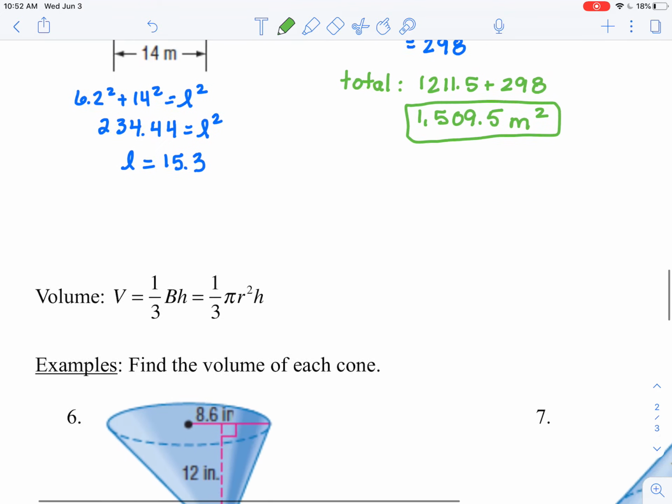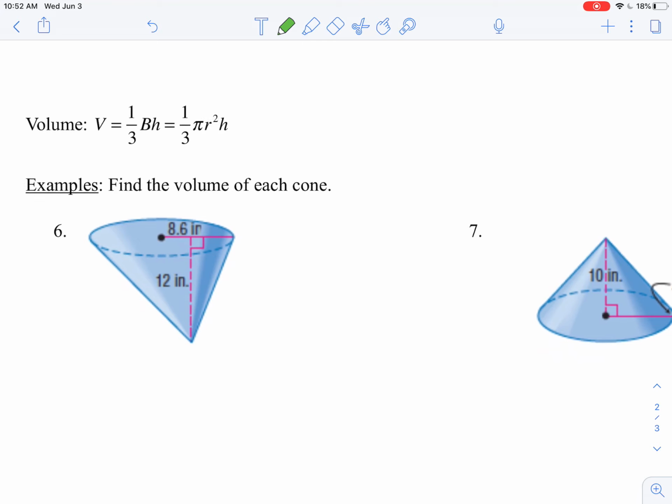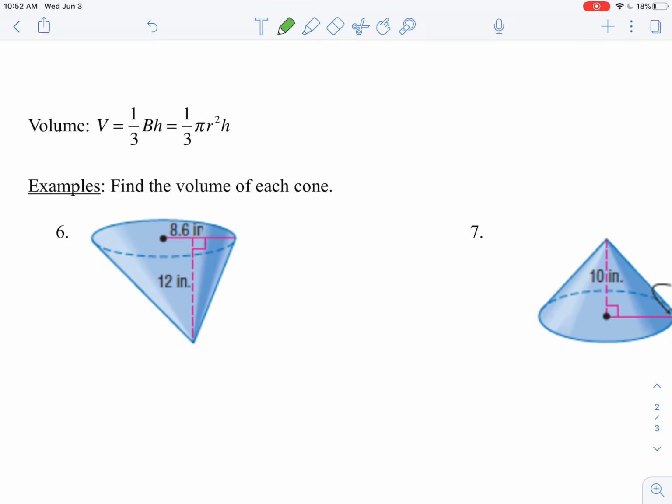Okay, our last two questions deal with the volume of a cone. The volume, of course, is the space inside of the cone. So if your ice cream melted, would you have enough space in the cone to hold all of it without dripping? If you were filling up one of the conical water cups, how much water could you fit inside, etc. When you look at the volume of a cone, volume is 1/3 area of the base times the height.